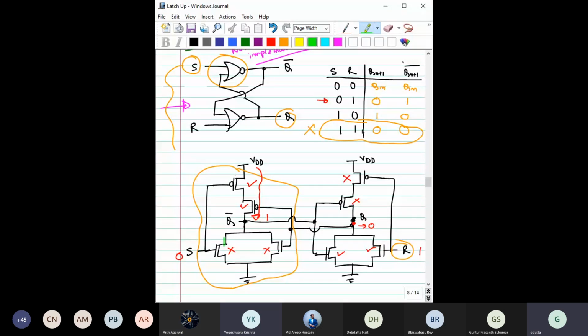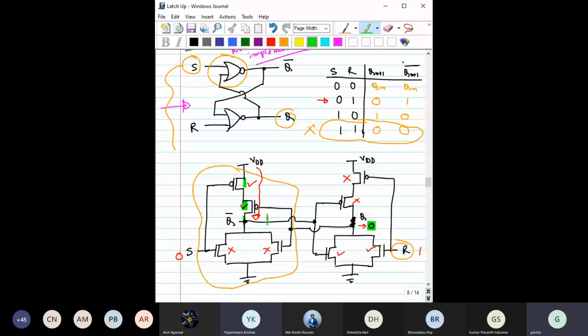Suppose for zero input, this transistor is off and this transistor is on. For input one, this transistor is off and this one is on. As this transistor is on, this terminal is connected with the ground, so this point goes to ground level. Now this zero is driving this PMOS, which has to be on. Then Q bar is connected through these two PMOS with VDD, so Q bar rises to VDD, that means 1.